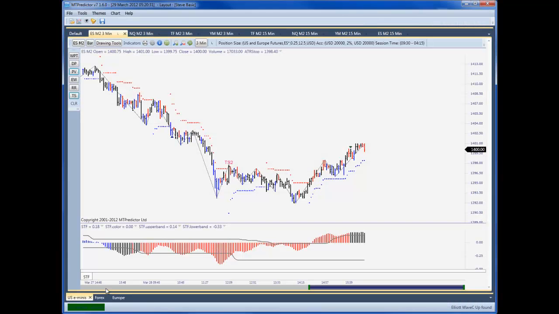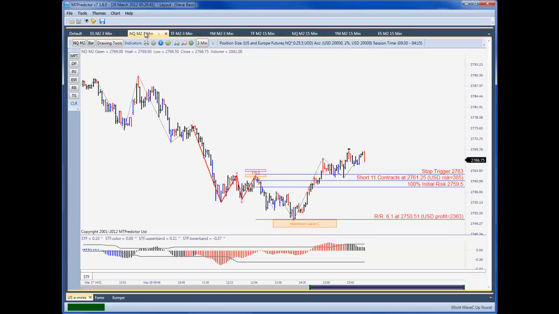But it's always good to look at the worst case scenario, and even not counting that TS2 sell on the ES, we actually had a fantastic day using MTPredictor with at least plus 9R profit.